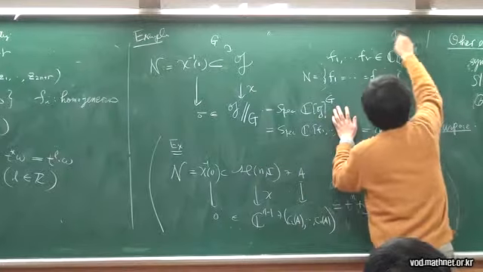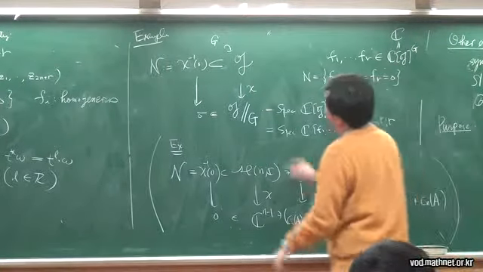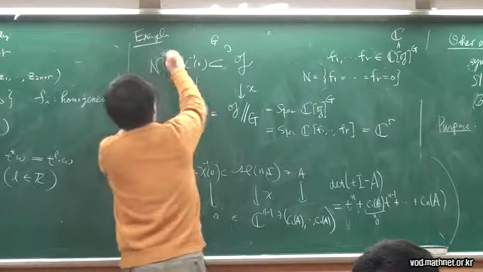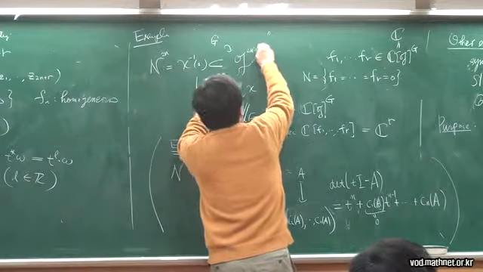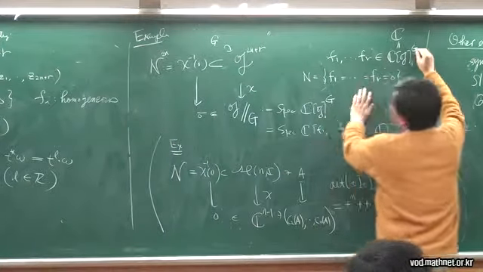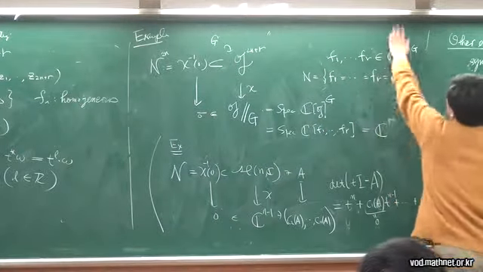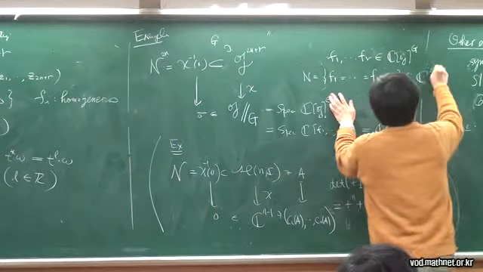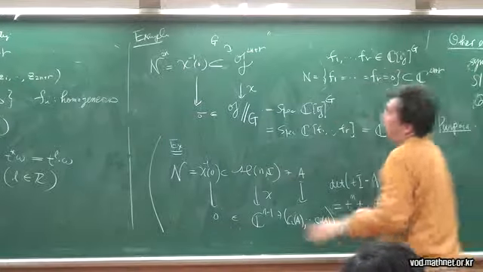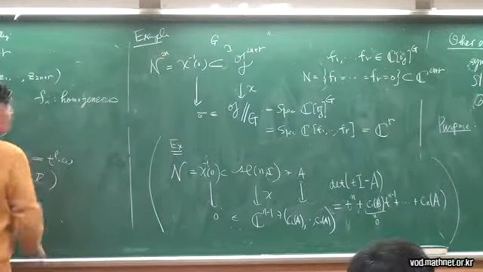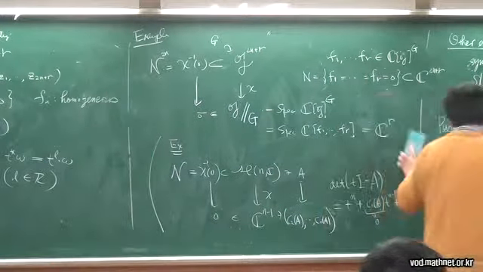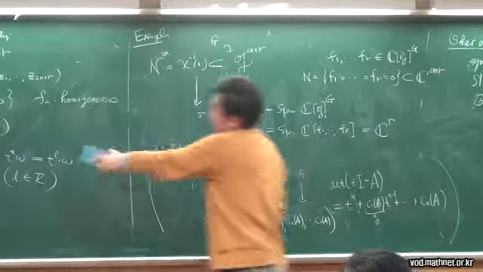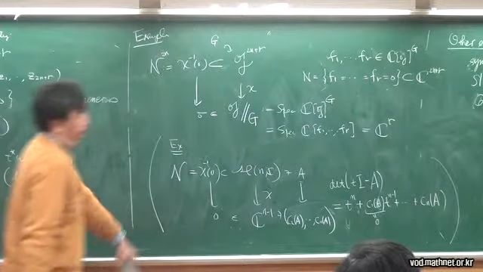If N has dimension 2n, then the ambient space has dimension 2n plus r, so N sits inside C^{2n+r}. So this situation is realized: the nilpotent variety satisfies this assumption.